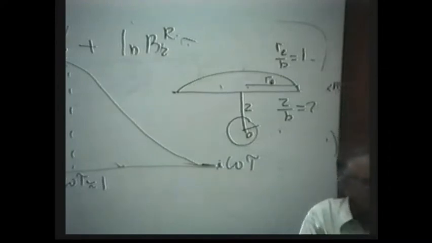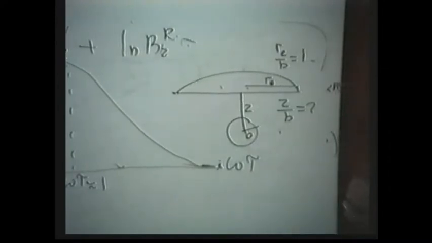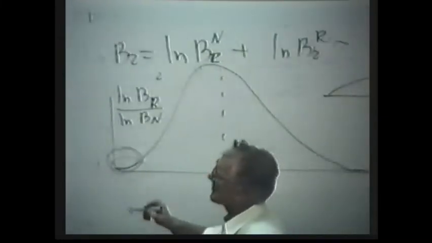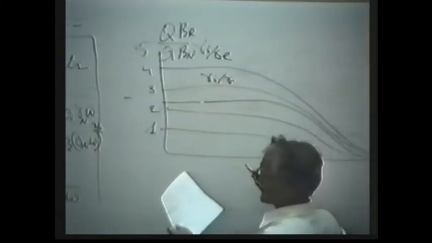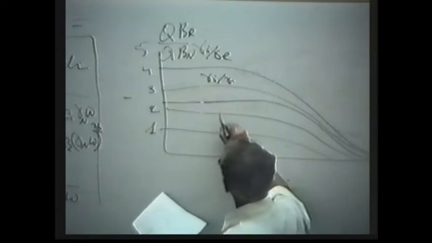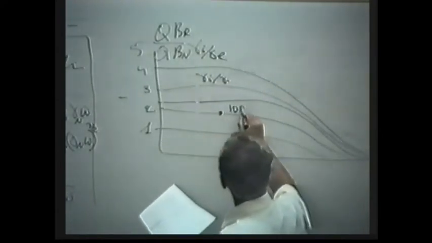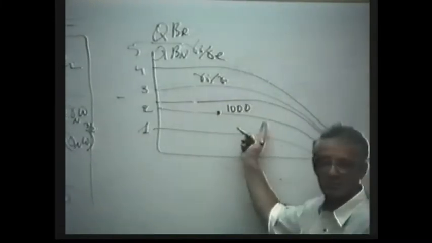It's only an example. It's nothing else. Now, let me consider the ratio of conductivities. For example, for this curve, the ratio of conductivities is 1000.